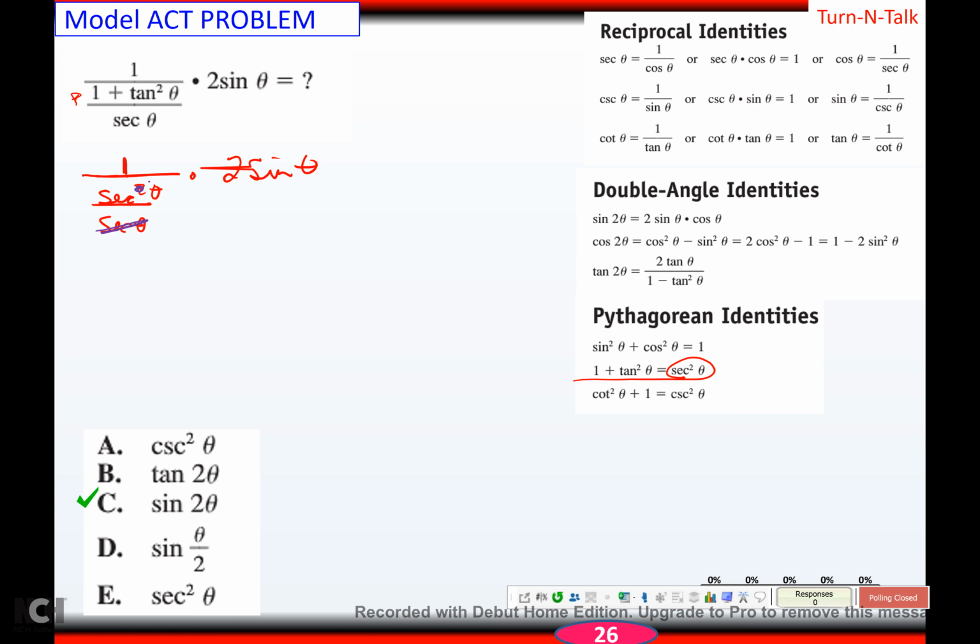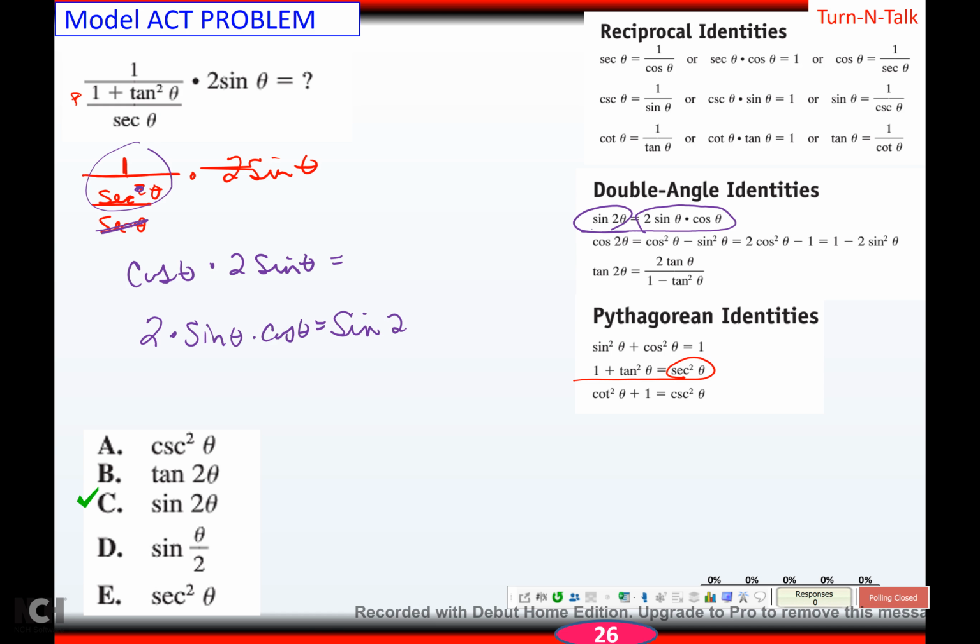Well, 1 over secant is cosine. So this turns into cosine theta times 2 sine theta, and look here, 2 times sine theta times cosine theta. I'm in the wrong order, but you can multiply in any order you want. I can rewrite that as 2 times sine theta times cosine theta, which equals sine of 2 theta. Okay?